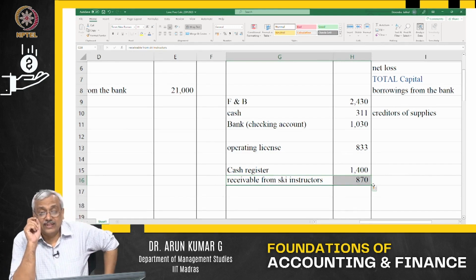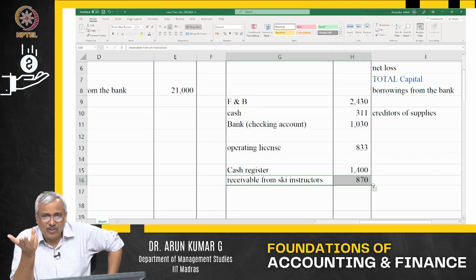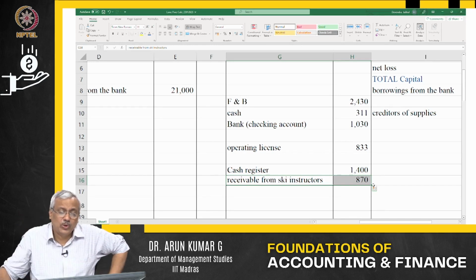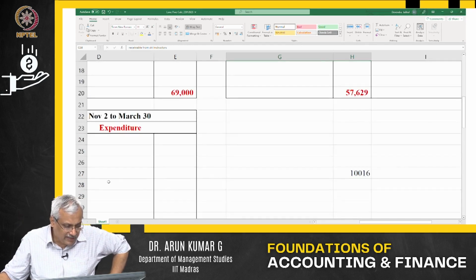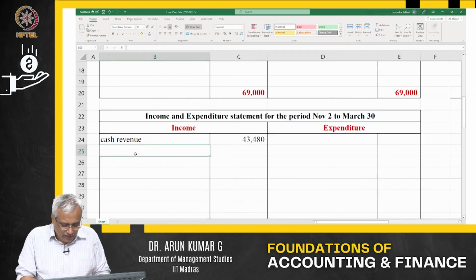It says receivables from ski instructors. Why is it receivable? Only when you have performed, when you have sold something, it is receivable. That means sale has taken place. That means revenue has accrued. So in this particular case, it is receivable. What do you call it? Credit revenue.